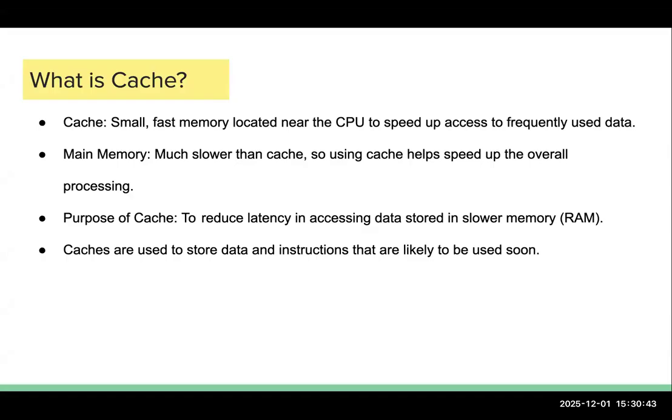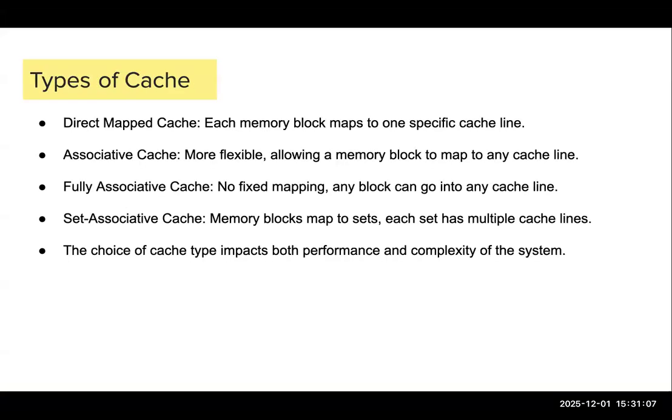The purpose of cache is to reduce latency in accessing data stored in slow memory levels like RAM. By keeping the frequently accessed data closer to the CPU, we reduce the wait times. Also, cache stores data and instructions that are likely to be used soon, meaning you don't have to go through all levels to fetch a few instructions or data that you might be using right now.